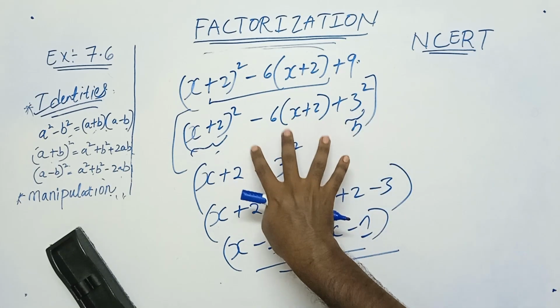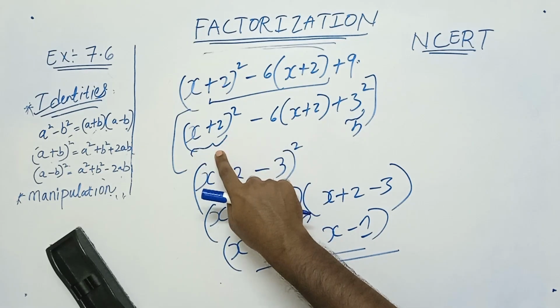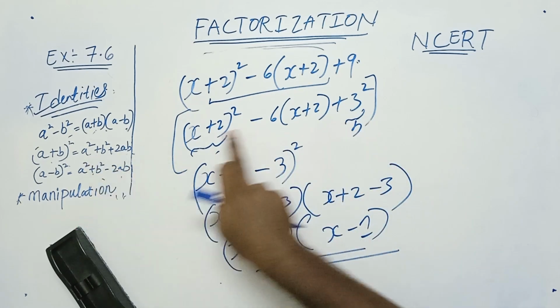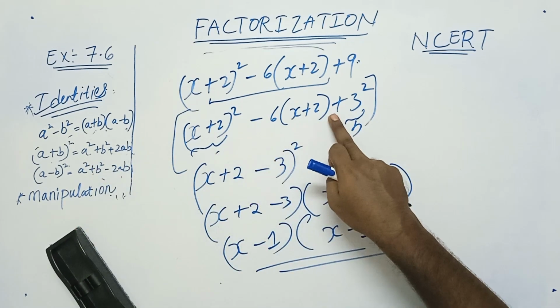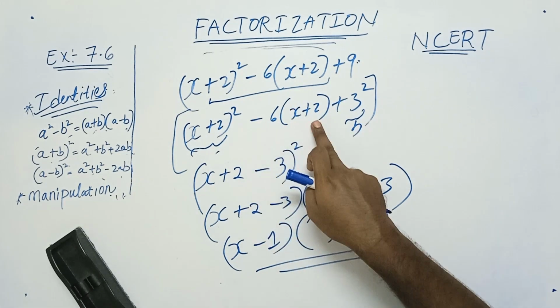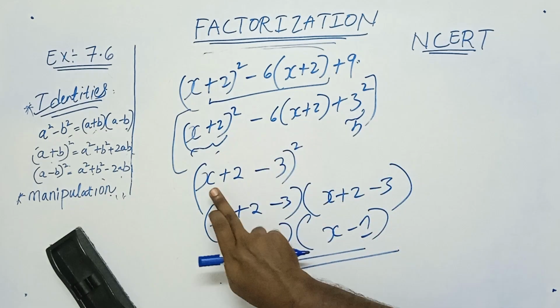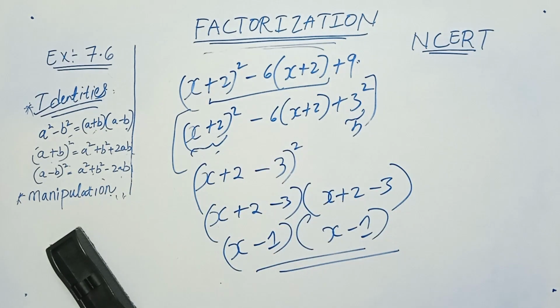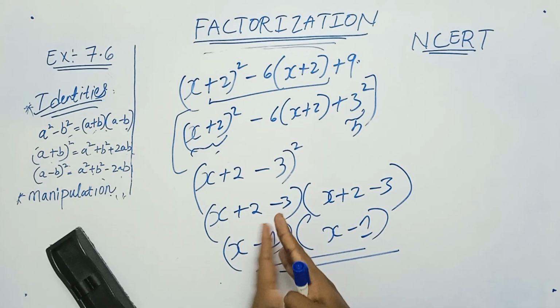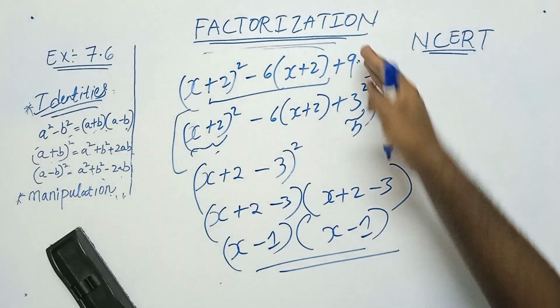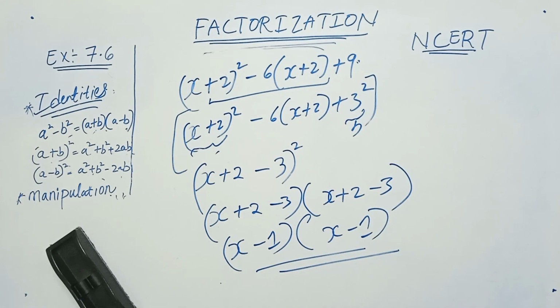If we consider (x plus 2) whole square as a square, 3 square as b square, and minus 6(x plus 2) as minus 2ab, then it looks like a square plus b square minus 2ab, which is equal to (a minus b) whole square. So we got the product of two factors. If we simplify the values within the bracket separately, we get x minus 1 as one factor and x minus 1 as another factor. We got the product of two factors of a given expression. This is how we are going to find the factors of a given expression.